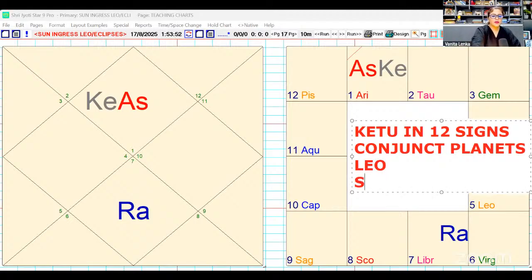So, Leo Sun. Now, this is what is in the transit also happening right now. Leo, Ketu, and Sun together. Now, what does this do? Ketu says, detach yourself from the world.